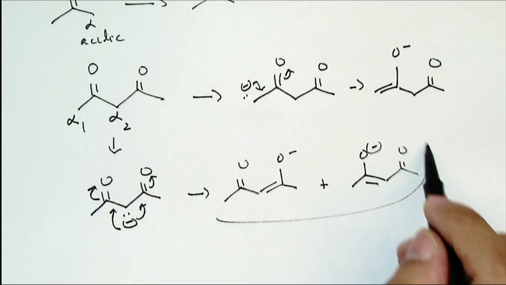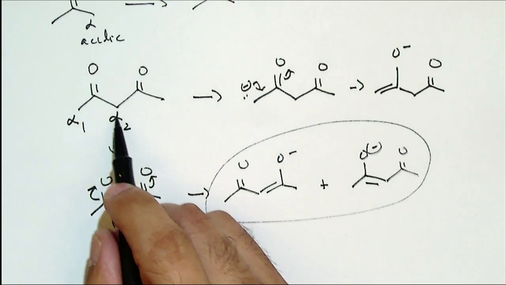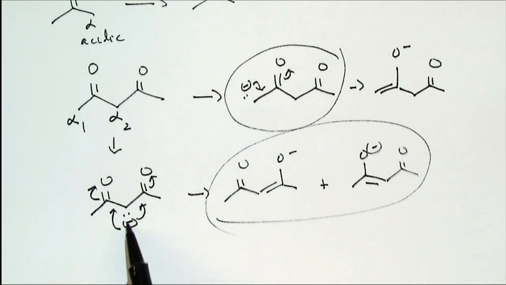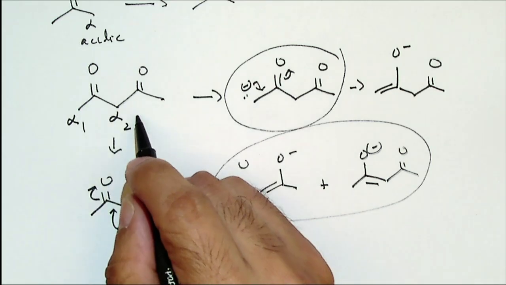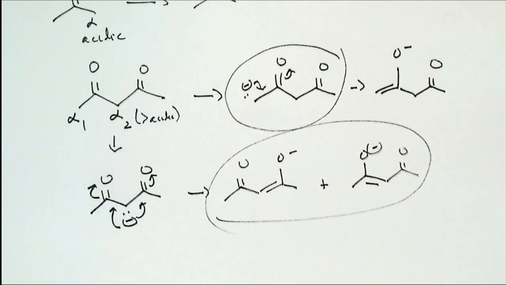So here I have two resonance forms that I can get if I deprotonate the alpha 2 position in between the two carbonyls versus only one resonance structure. That tells you that this is the preferred position. So the alpha 2 is more acidic by far compared to the alpha 1. So we can take advantage of that situation in order to carry out interesting chemistry.